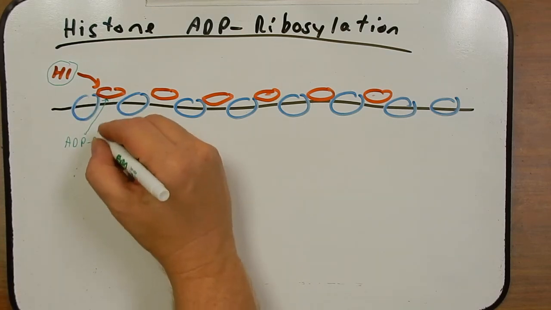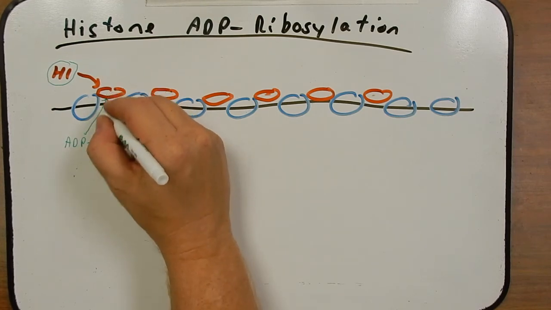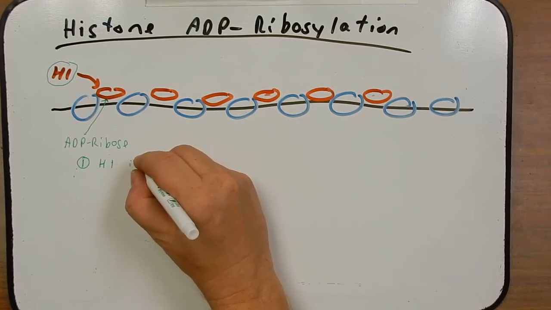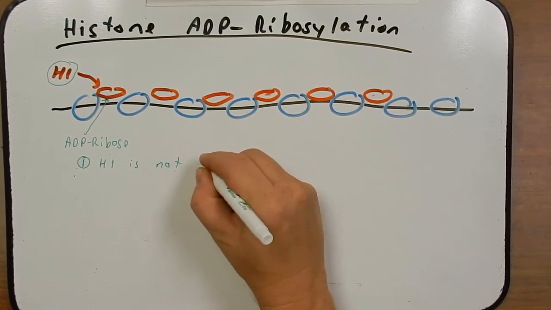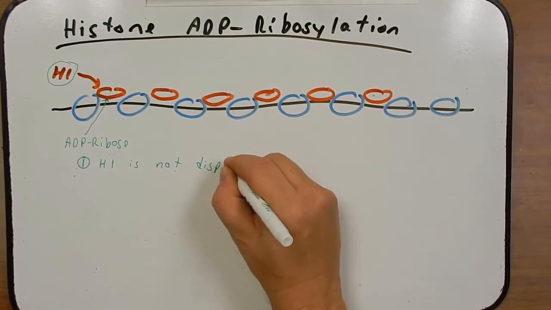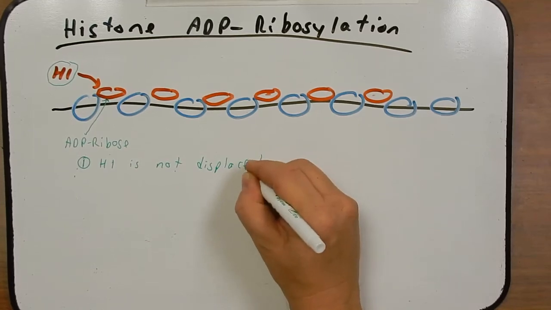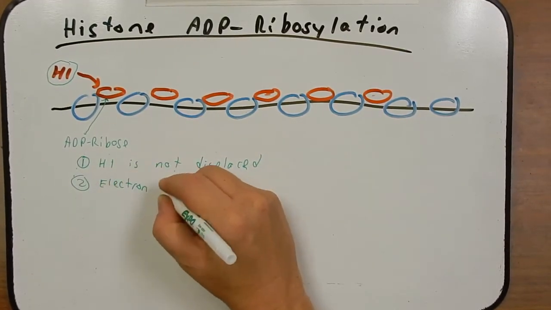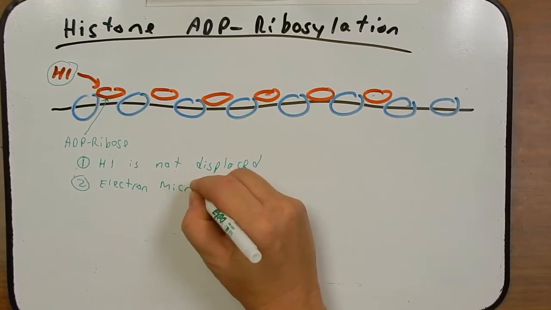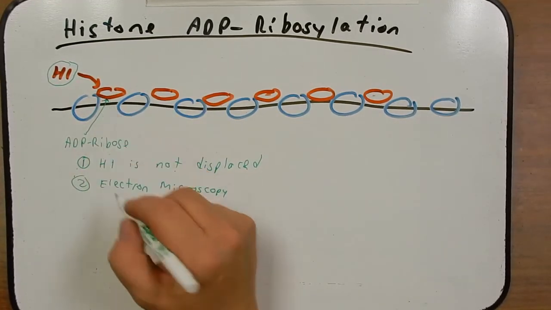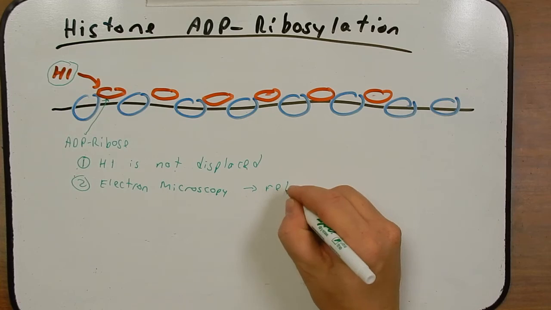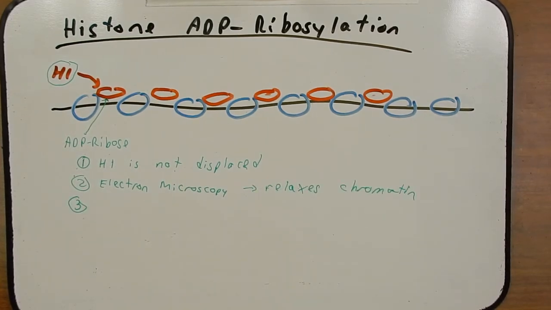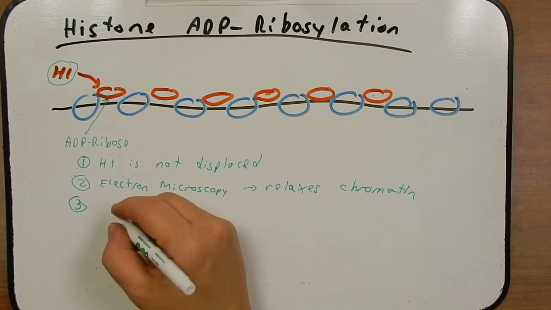We know that when ADP ribose is added to the H1, that H1 is not displaced. It's still there. However, using electron microscopy, ADP ribosylation of H1 relaxes the chromatin. Why it's doing that, we don't really know. It's rather a mystery.